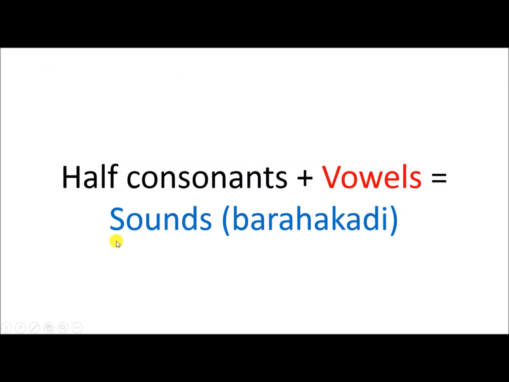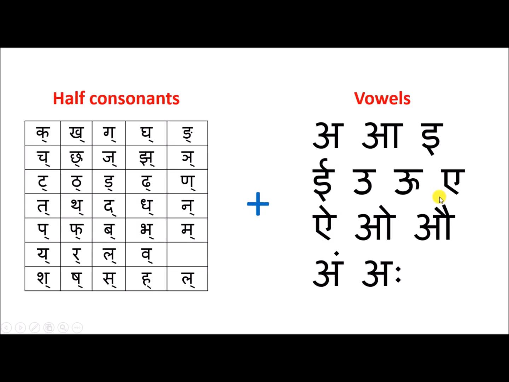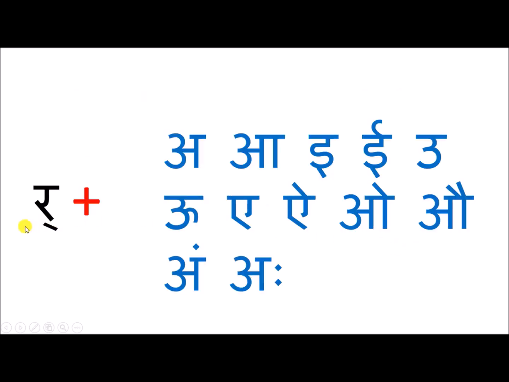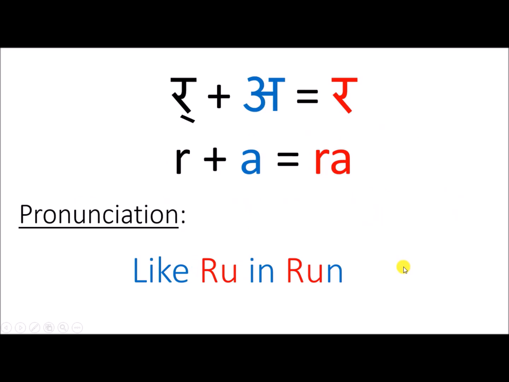We know that we get different sounds of Hindi when we add a half consonant to vowels, and that is what we've been doing till now. We've been adding different half consonants to all the vowels, and in this lesson we will add this root consonant or half consonant to all these vowels. Okay, so let us start with the first sound, r.